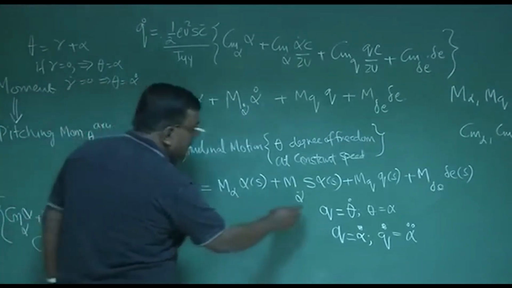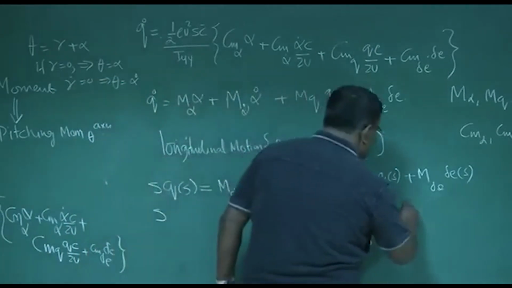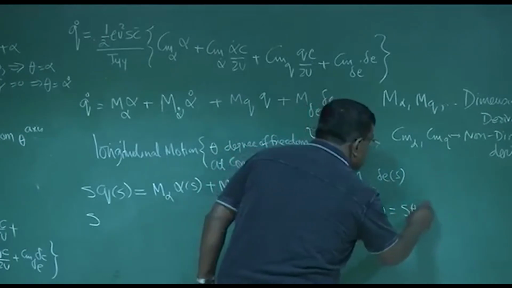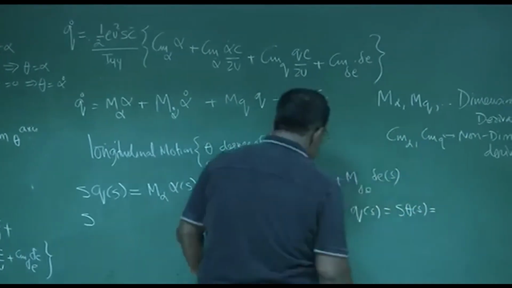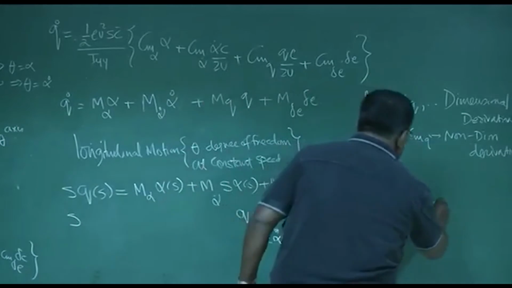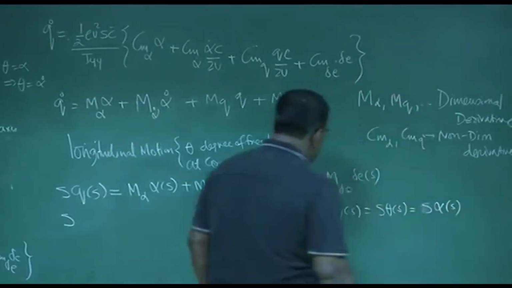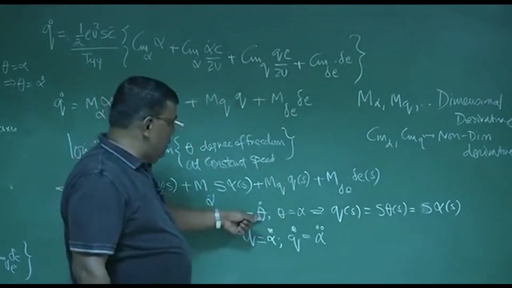For Q of S, I can write Q of S equal to S theta of S, and theta of S is alpha of S, so I can write S alpha of S. Is it clear? Q equal to theta dot.